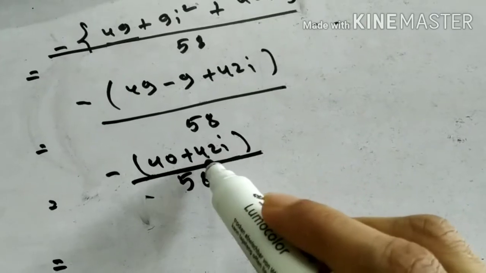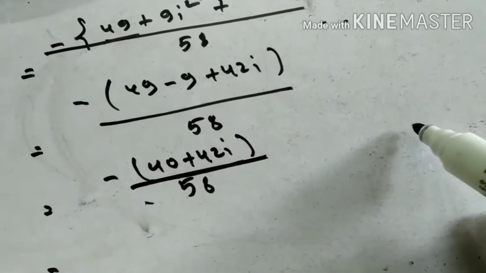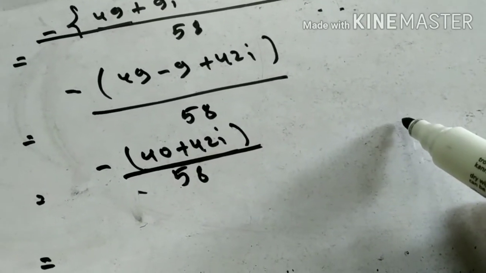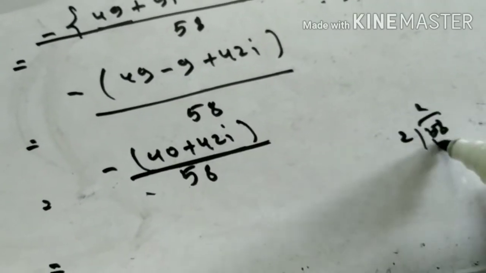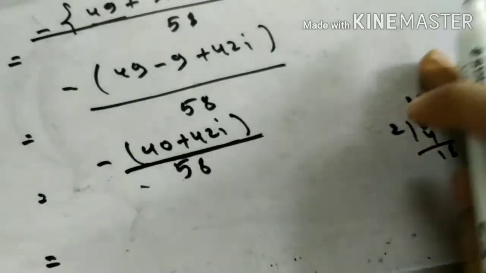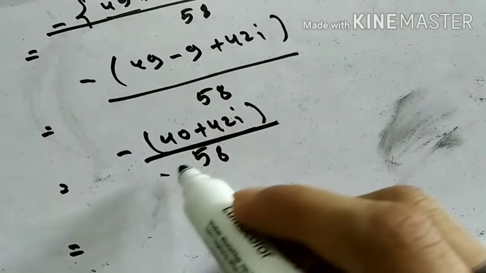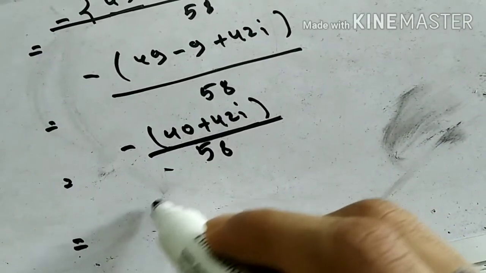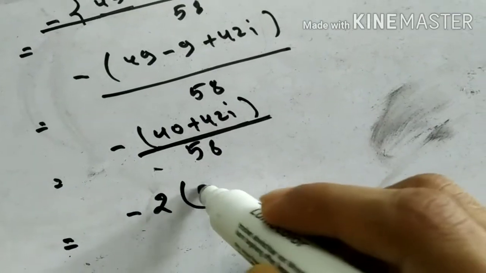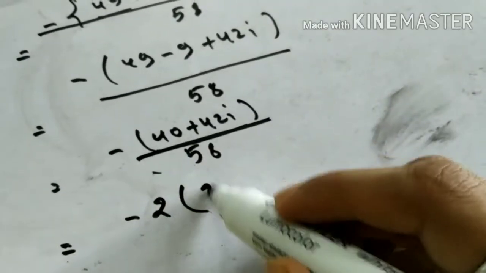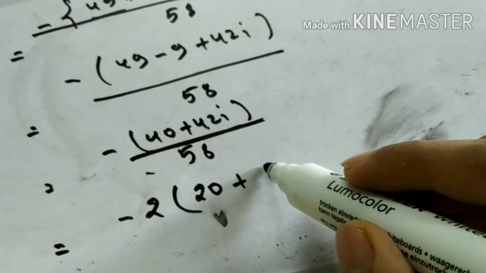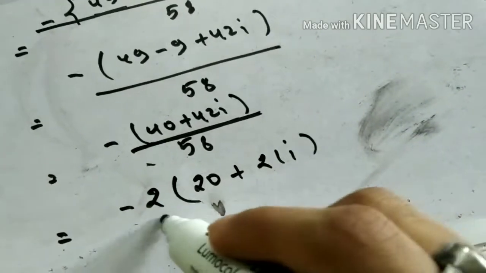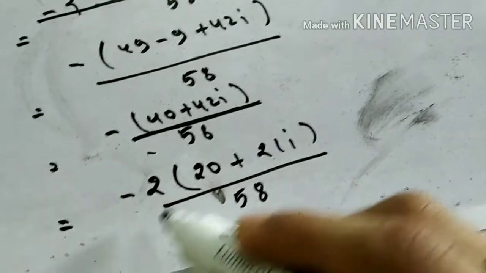So in here you can take 2 common here, you will get 20 plus 21i by 58.